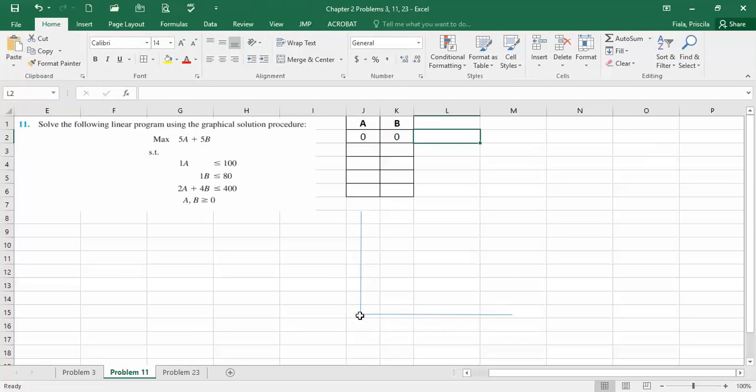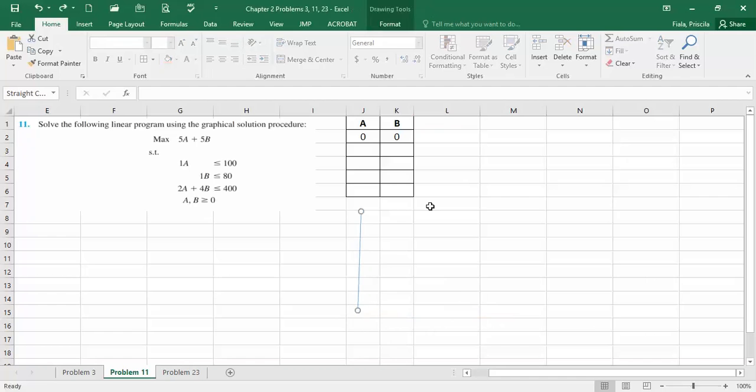So your origin right here, this point right here, is always going to be 0 and 0, where they meet. Okay, so this is for x, this for y, or this is for a, and this is for b. But this little point right here is always going to be 0 and 0. Okay, so I just want to explain these 2 points.